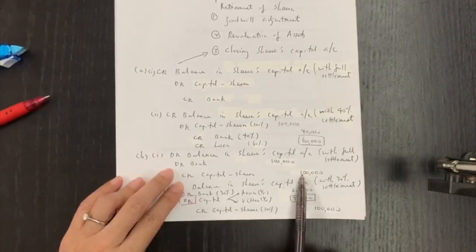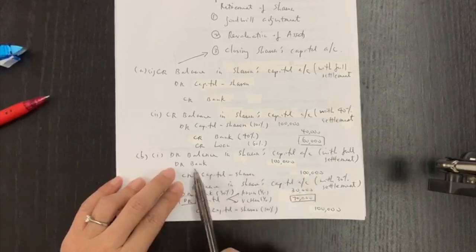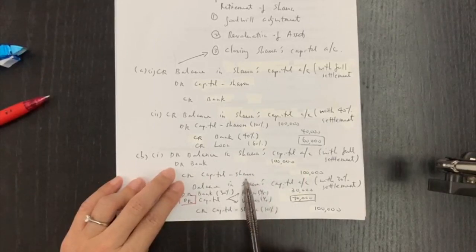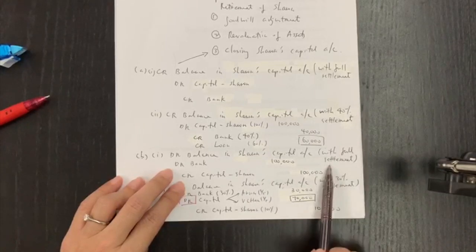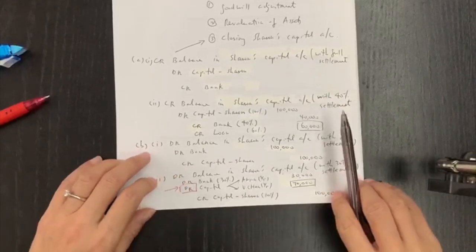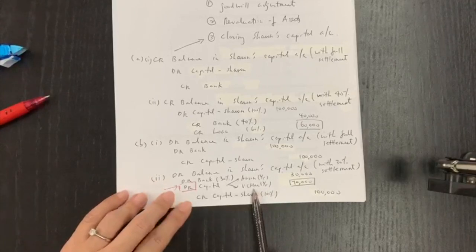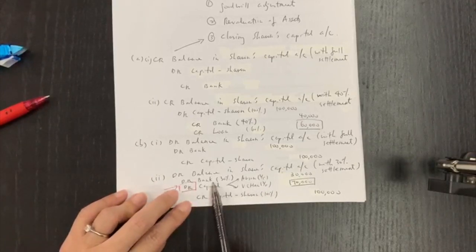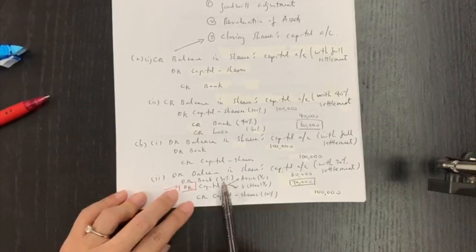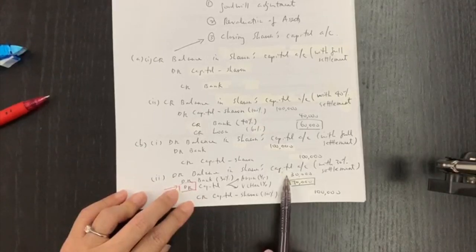Let's say the amount in Sharon's capital account is 100,000. After receiving 100,000 from Sharon, Sharon owes us no money. This is full settlement. But what if Sharon can only pay us 30% of the amount owed? Then we only receive 30,000 in the bank.